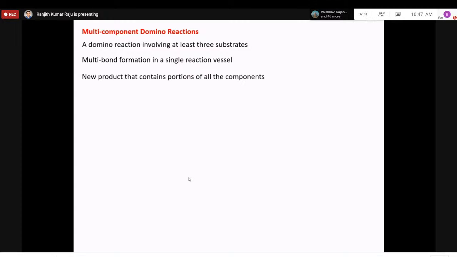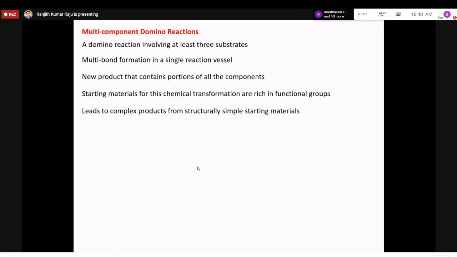So the product should have at least a small part of each component that has been used as a reactant. Now the starting materials for these reactions should be rich in functional groups so that the subsequent reaction takes place very easily, and it leads to complex products from simple starting materials.